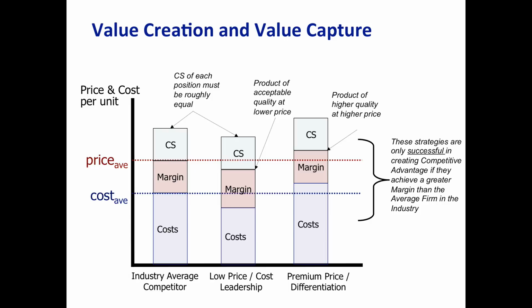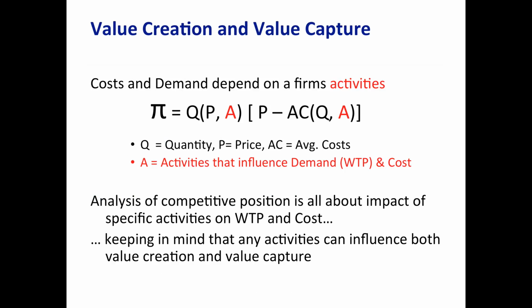So we can use our ideas of the value stick to think about the unit economics of differently positioned customers. And then we can go from there to thinking about the activities that a firm uses to position itself and how those activities actually translate into willingness to pay and costs, right?